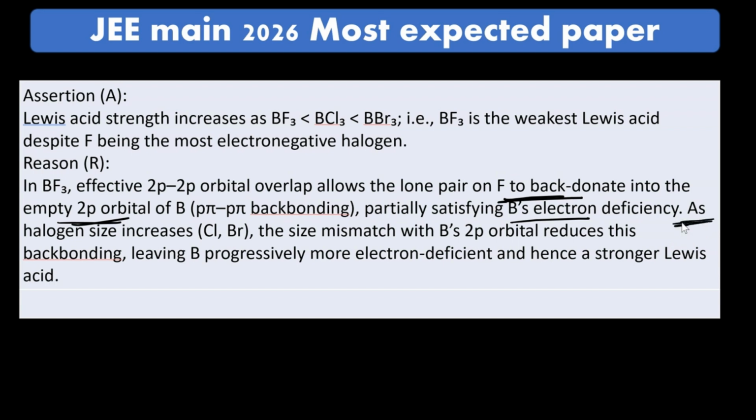As the halogen size increases, the size mismatch with the boron 2p orbital reduces the back bonding, leaving the B progressively more electron deficient and hence a stronger Lewis acid. Yes, so the back bonding gets reduced as the size increases. That is also true.